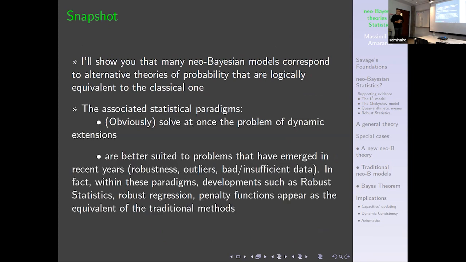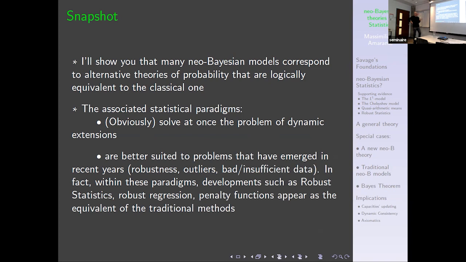So, what are we going to show first? We're going to show that many Neo-Bayesian models, so special cases of the models that we have seen in the first part, produce some alternative theories of probability that are pretty much almost the same as classical probability. We will see that essentially they just differ in the notion of approximation one uses.